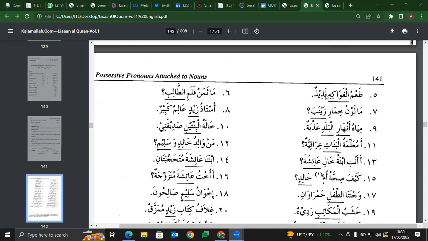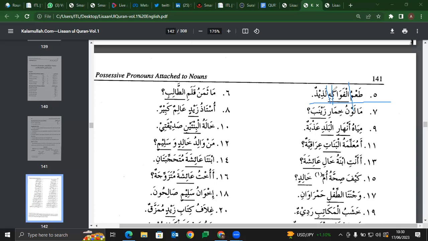The sixth one now is a bit tricky, because if you were to break this sentence down further, right? Let's break it down. Ta'amu is marfu. Al-fawakih, if you just leave this ha, let's get this ha out of the way, we're talking about al-fawakih, it is majroor. And then comes the ha, that is also majroor.